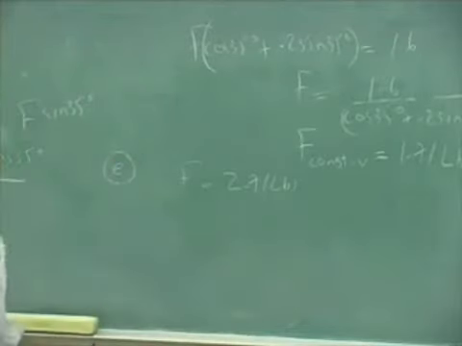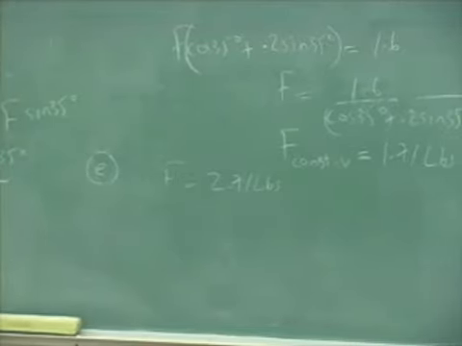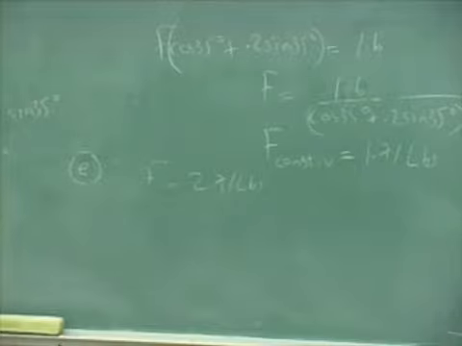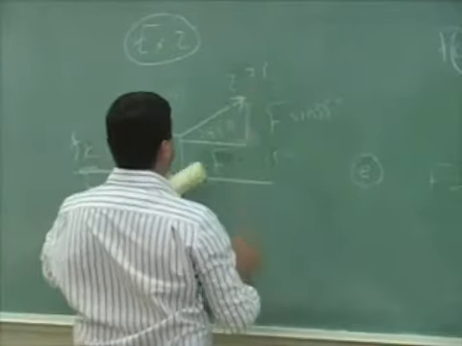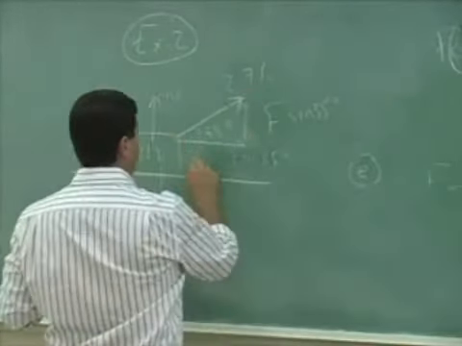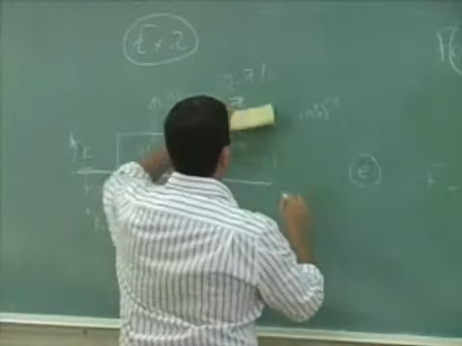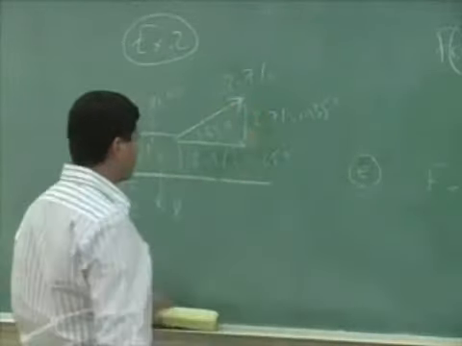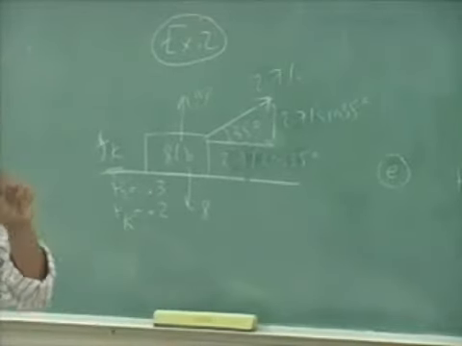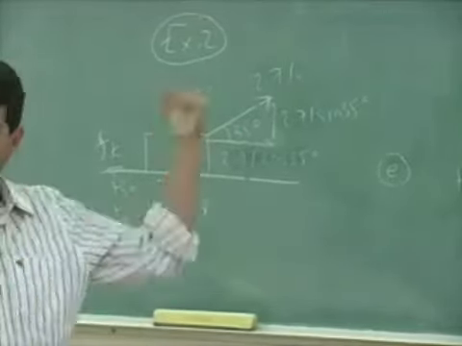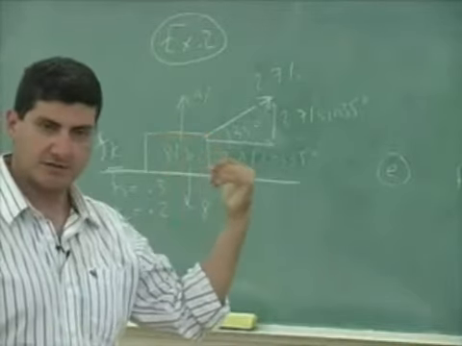The part D was saying what is the force needed for constant velocity, and then part E is what is the acceleration if you pull with 1 pound more than that. So you go back now and you recalculate the normal force. You can't use the same normal force that you had from part C, right?